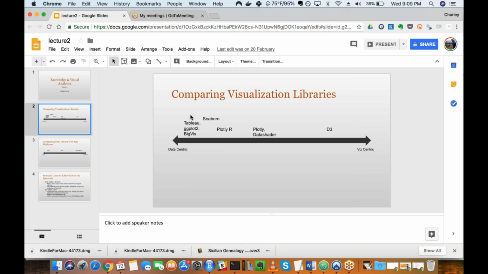Then, looking at the other side of things, using Plotly Python as an example, if we wanted to do the same thing we were doing in ggplot, a scatter plot divided by different categories of data, it's slightly different, because in Plotly you add each of these as an individual trace.